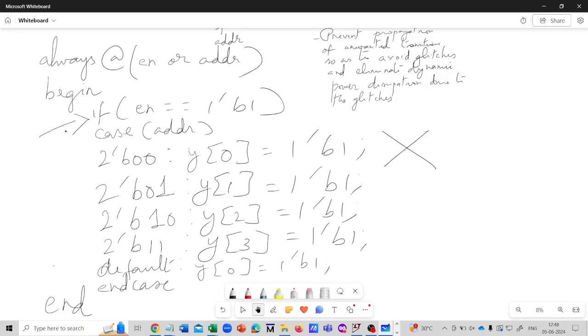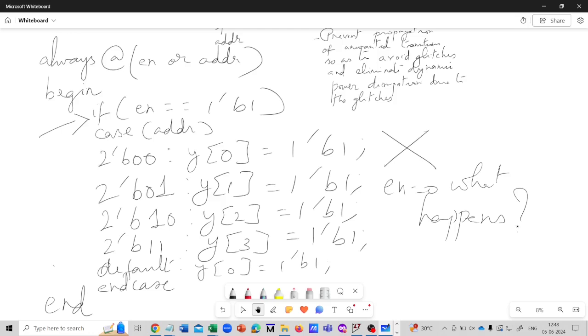But we have not specified what happens when the enable is deasserted. When the enable is 0, what happens? We have not explicitly mentioned the condition of the outputs when the enable is 0.